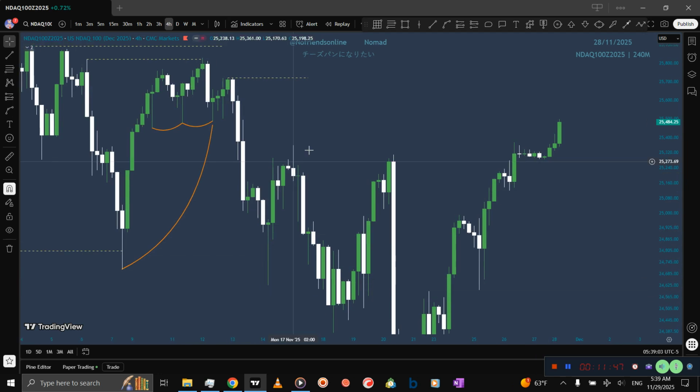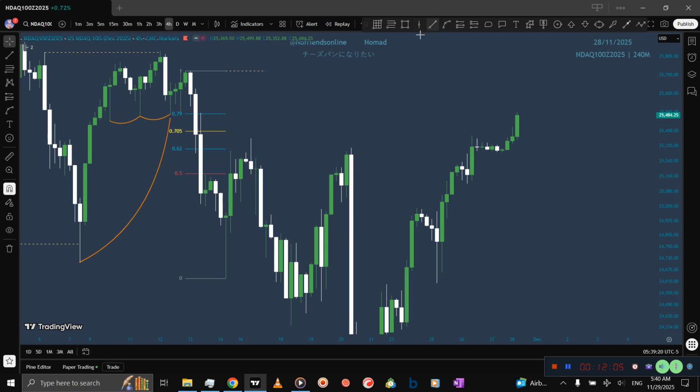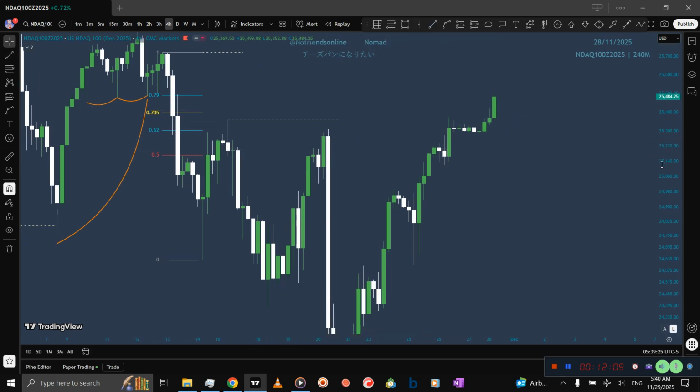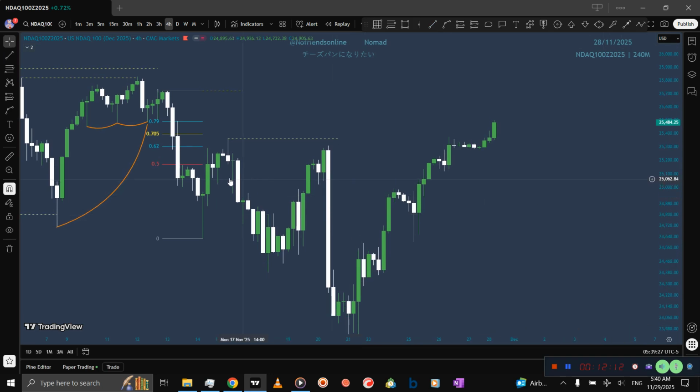And another retrace, we can have a flip here. So you can see price had a retrace to the deepest area of premium, and again we had another sell off, and once again we had this protected high and price couldn't take it.